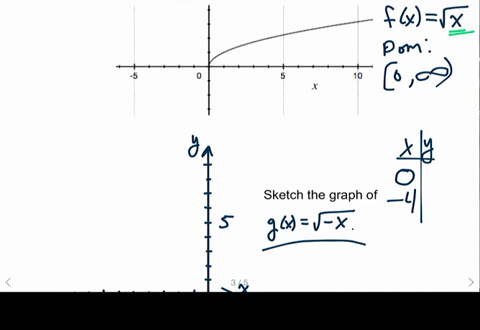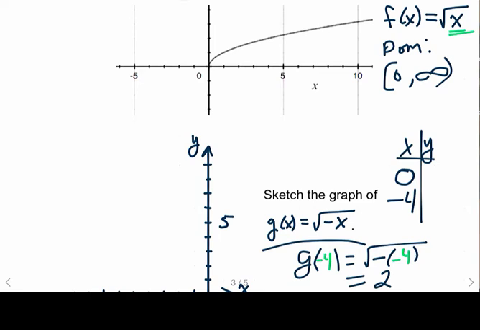If I did, I'd have g of -4, and that's going to equal the square root of the negative of -4. You see that negative simply says change the sign, right? And so g of -4 actually turns out to be 2.